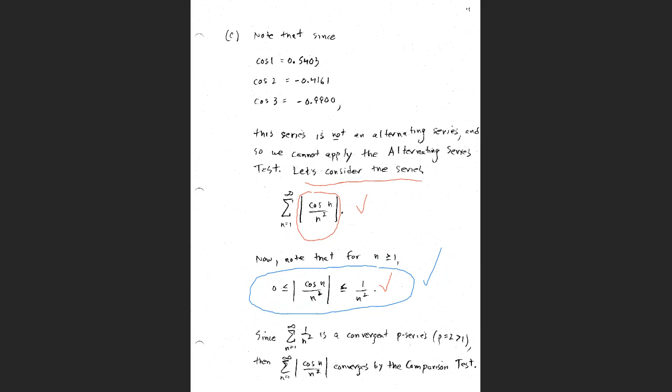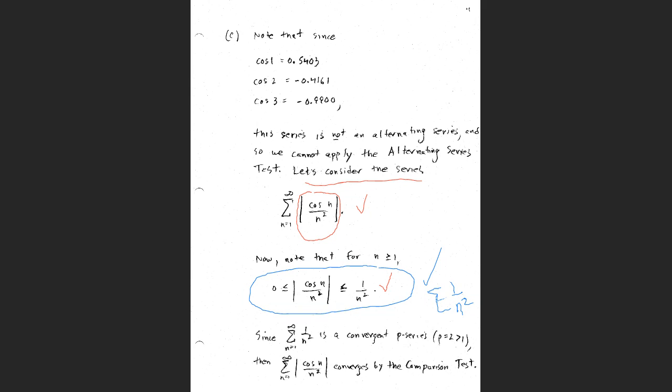Let's think about 1 over n squared. Think about the series, the sum of 1 over n squared. What kind of series is that? Okay, good, Michael. It's a p series.